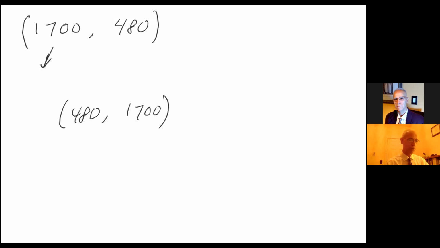Not so, because the question is clearly saying find the demand function P of X. So the X is the input. So 1,700 attracts the price of $480. And the problem is telling us that there is a discount of $14.